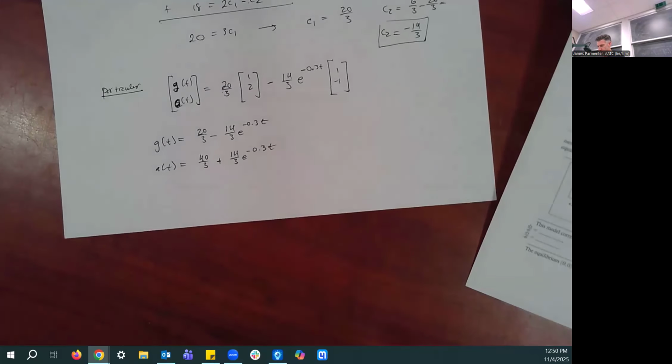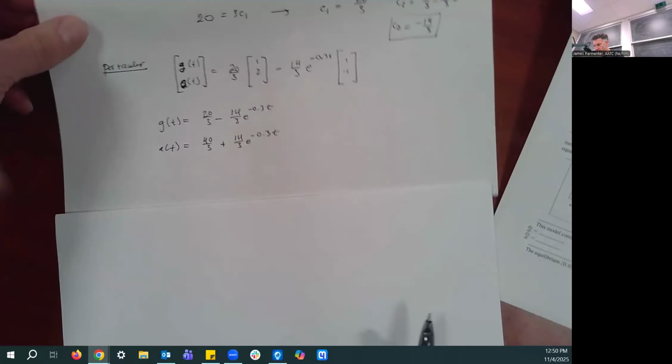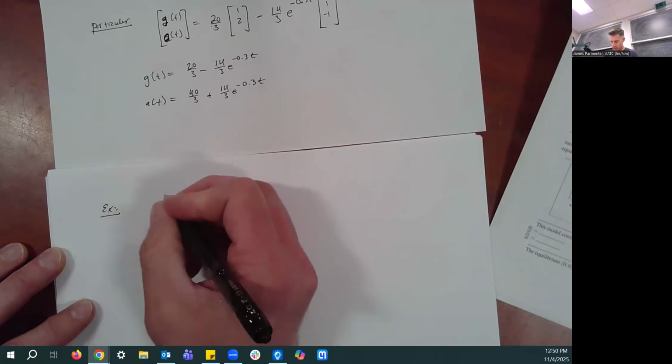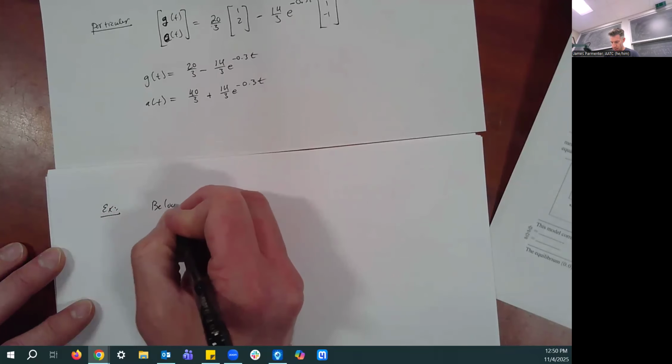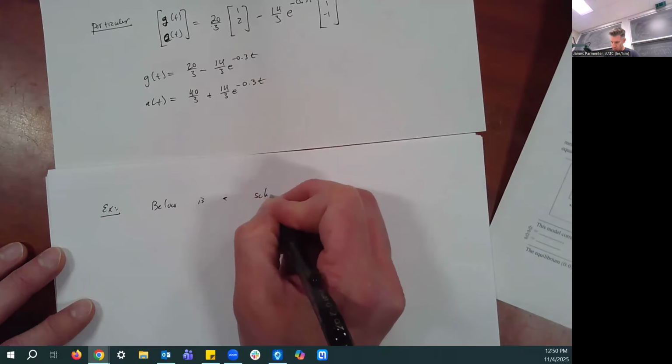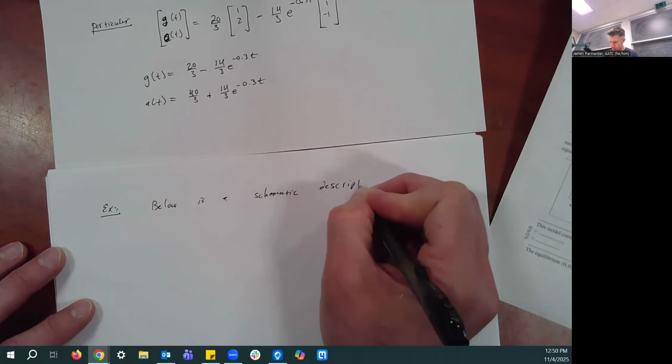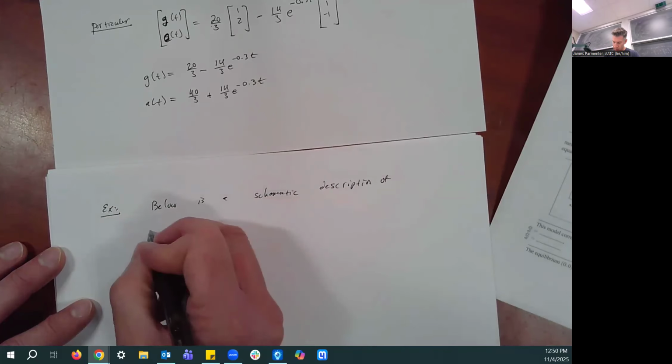So let's say we've got the following situation. Let's say we have this example. Below is a schematic description of a compartment model.